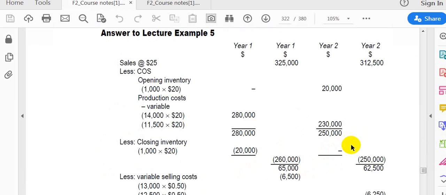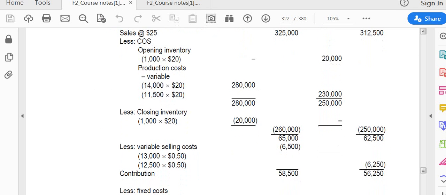So there's no closing inventory, so the 250 becomes our cost of sales, which we subtract from our sales revenue. Then we bring in our variable selling costs, 12,500 times 50 cents, 6,250, to give us a contribution of 56,250.